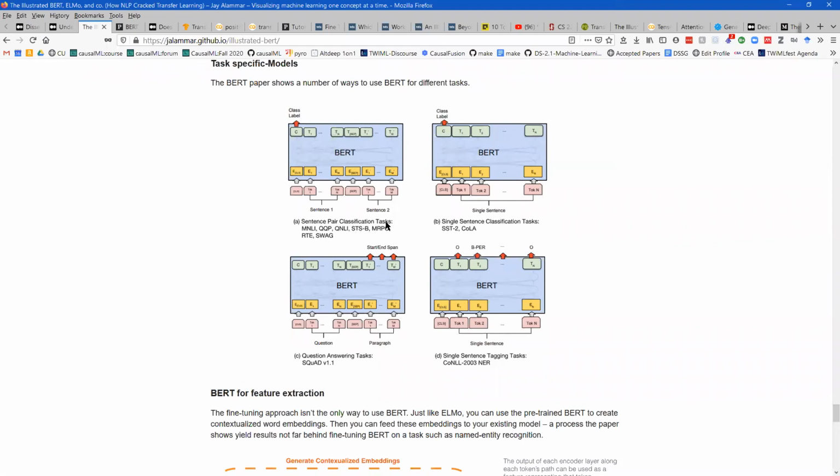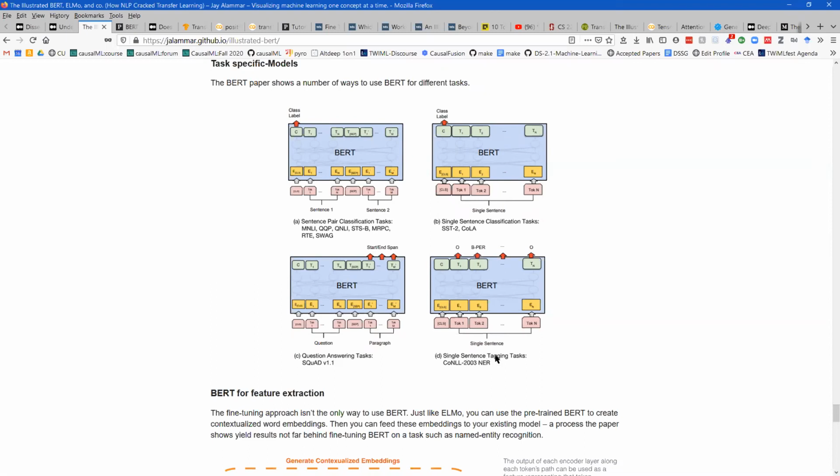All of these are sentence pair classification tasks. And then SST-2 and CoLA are single sentence classification tasks. And for question answering tasks, we already know about SQuAD. And then single sentence tagging tasks, these datasets.